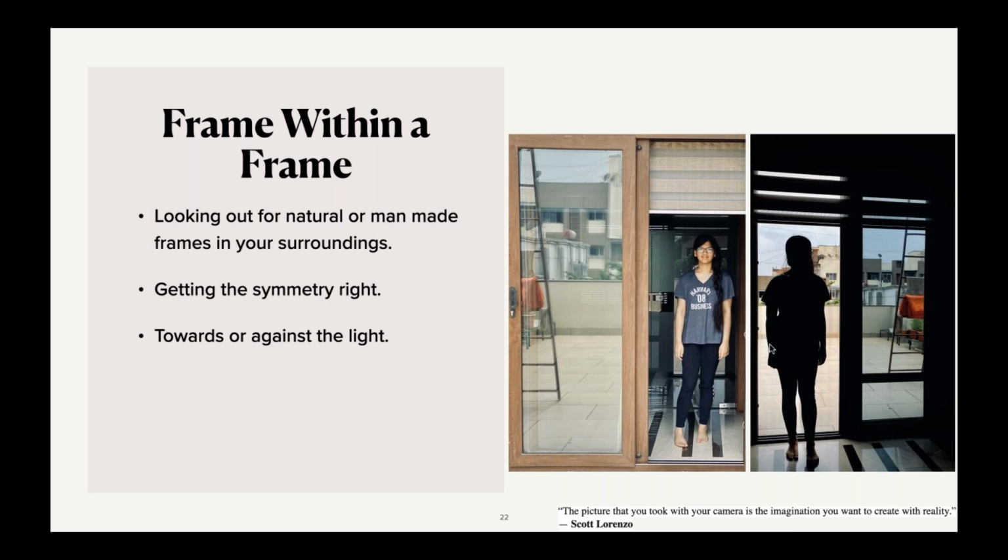You can see the difference: one is well lit up, and the other is the entire silhouette, which gives you a black image. And that's another concept which will be explained by Ritvik tomorrow. Okay, so that's frame within frame.